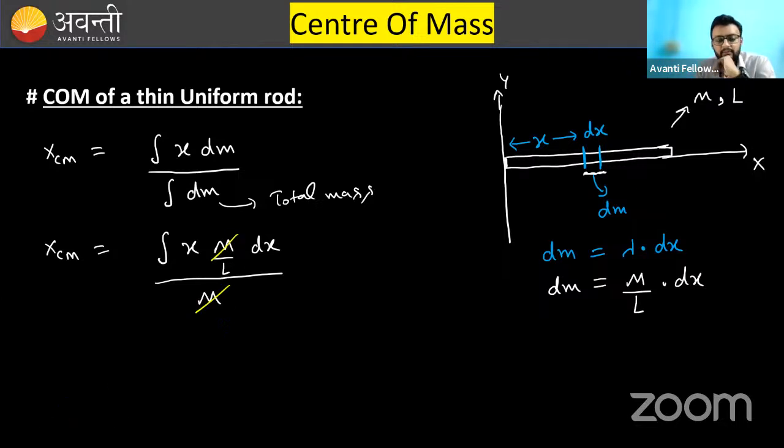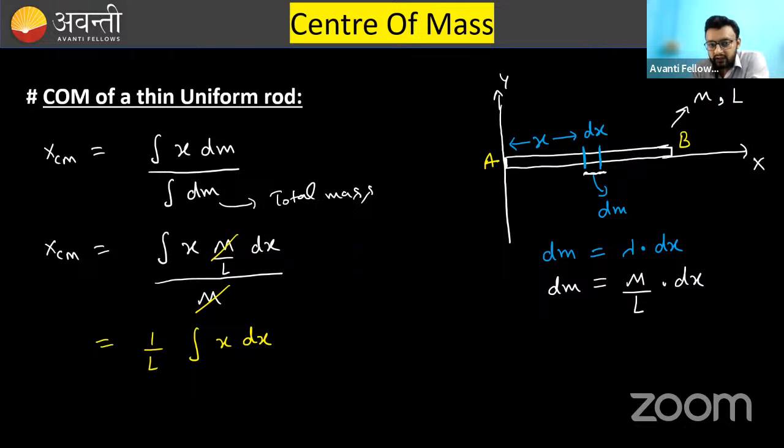It will remain 1 by L, taken out of the integration, times integration of x dx. What is the limit of this integration? It is from end A to end B.